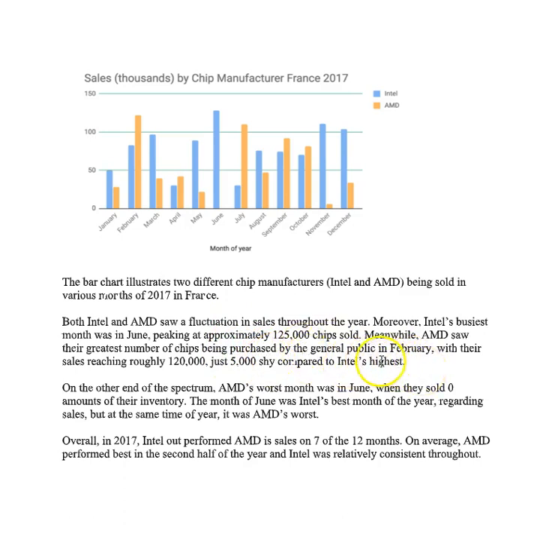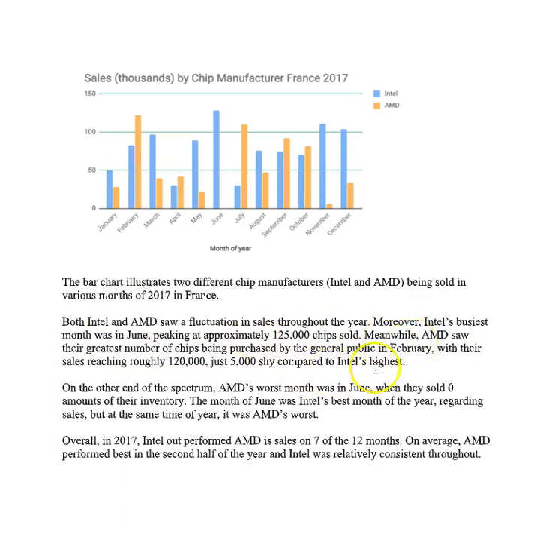Okay, good. Just double checking. AMD saw the greatest number of chips being purchased by the general public in February. Okay, we can make this sentence, meanwhile AMD saw their greatest number of chips being purchased by the general public in February. We can make that shorter by saying, meanwhile, AMD saw their greatest number of chips purchased in February.